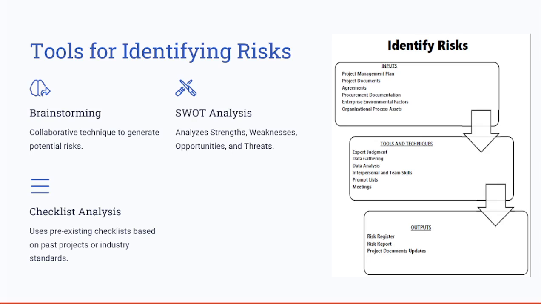By examining the project strengths, weaknesses, opportunities, and threats, you can uncover potential risks in different project areas. You also have checklist or prompt list analysis, and this tool utilizes pre-existing checklists based on lessons learned from past projects or industry standards, ensuring that common risks are identified early.